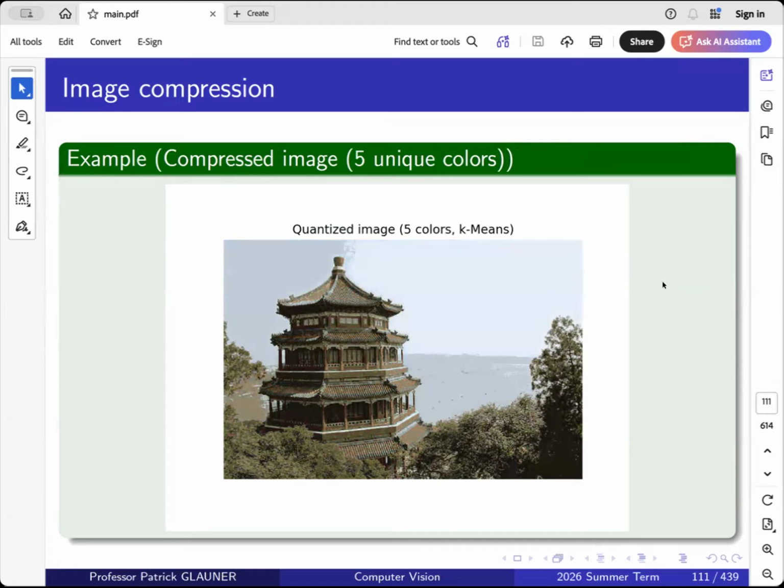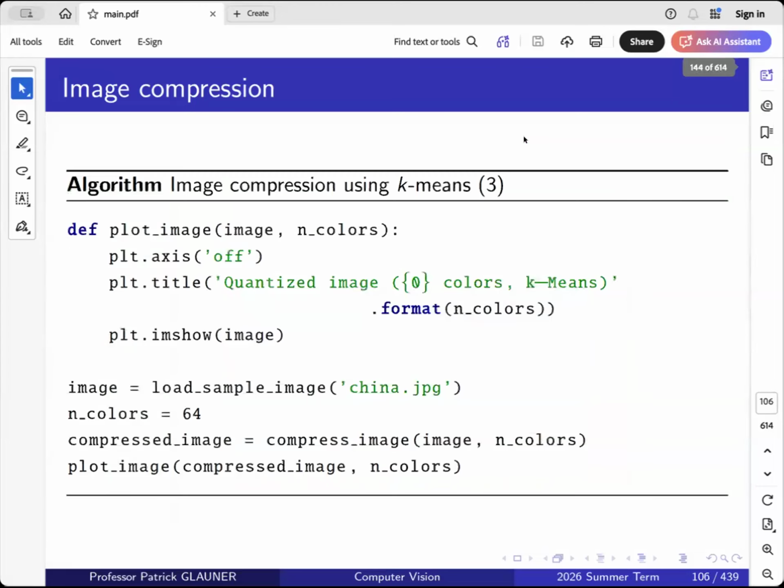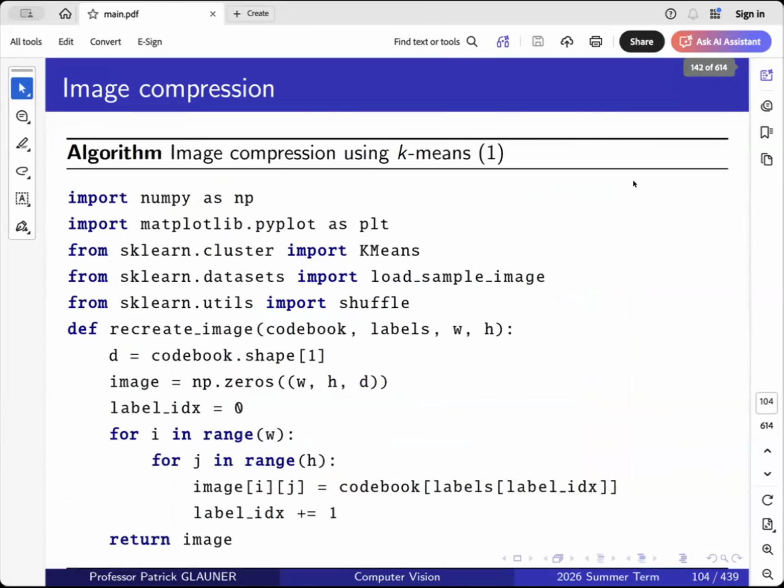When I saw this the first time many years ago, I was quite impressed how well this image still looks with 64 unique colors that k-means found, compared to the randomly chosen ones. If you feel that this is quite an interesting application of k-means for image segmentation, let us know. And if you're curious to run it, this example is from the scikit-learn library documentation, so you can find the exact example and the data on the internet.